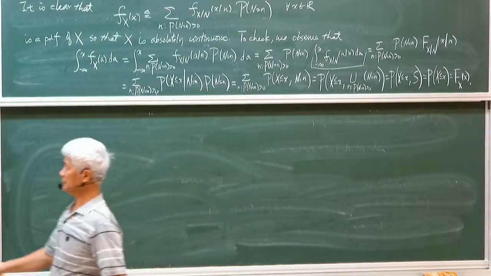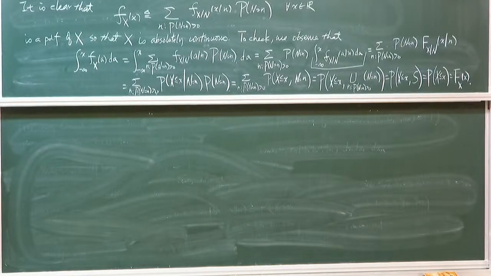Right. So the required condition is quite natural, right? We require that the random variable X is conditionally absolutely continuous, okay? Given that the discrete random variable has a value. Okay? So any questions up to now?